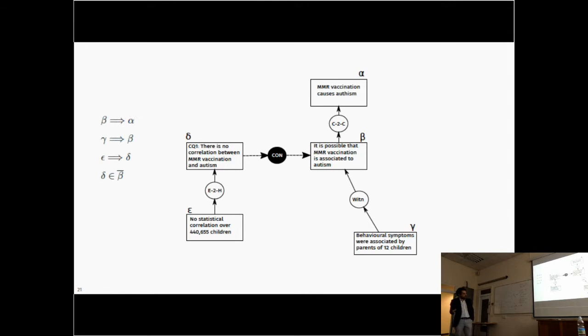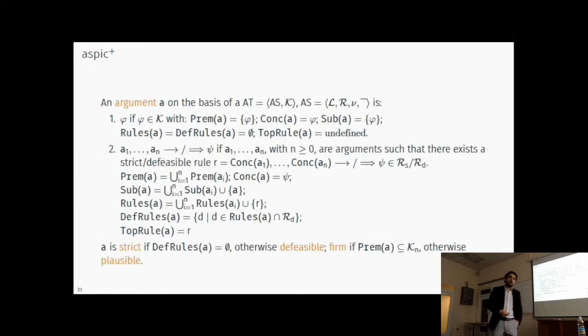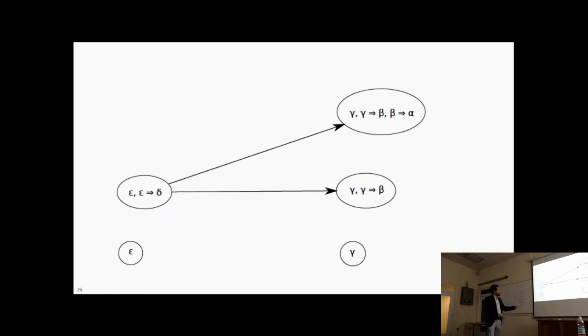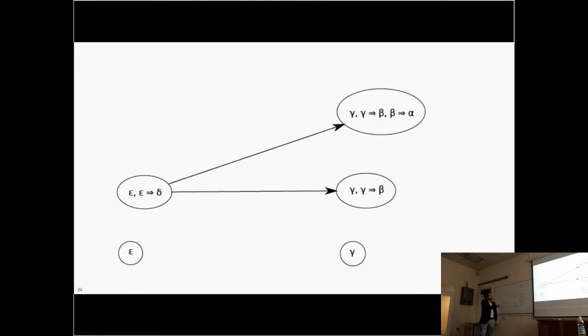Each box becomes an argument itself, but this one then has gamma implies beta together with gamma, which gives you the conclusion beta. And gamma, with gamma implies beta and with beta implies alpha, gives you another argument in favor of alpha. So you can create all those arguments, like this one that I just discussed with you.